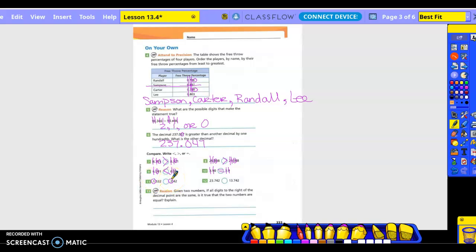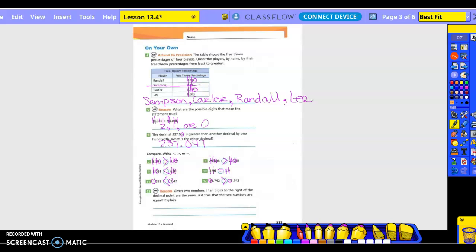So 1 and 532 thousandths is less than 2 and 42 hundredths. Okay, next one, 10s. Different. So I'm going to circle the 2. I'm going to circle the 1. So 23 and 742 thousandths is greater than 13 and 742 thousandths.